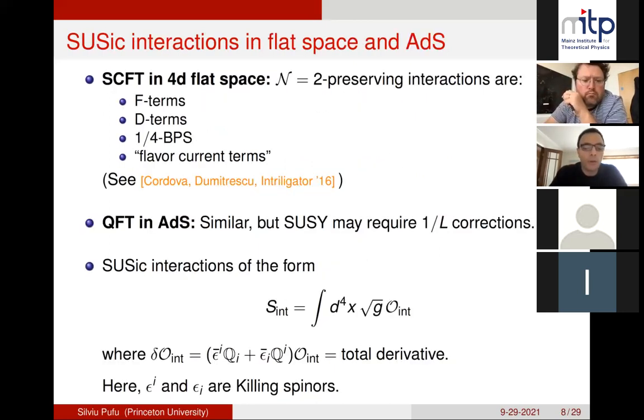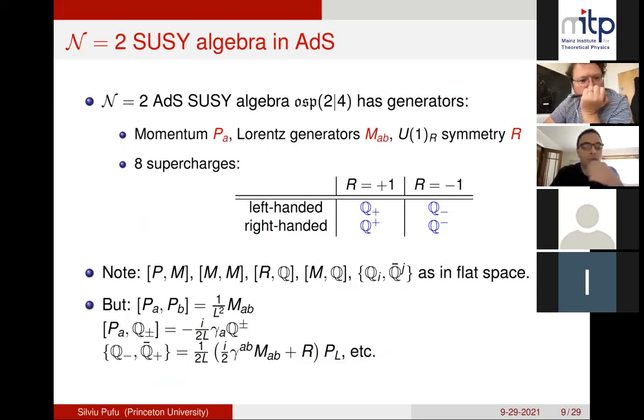Okay, so what about the Qs? What is the supersymmetry algebra, and how can we write down these interactions? So the N = 2 AdS supersymmetry algebra, as I said, OSp(2|4), has various generators. It has bosonic generators and then fermionic generators. The bosonic ones are like the momentum generators. These act as covariant derivatives on the fields.